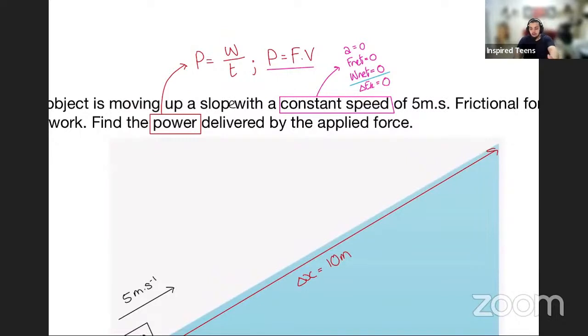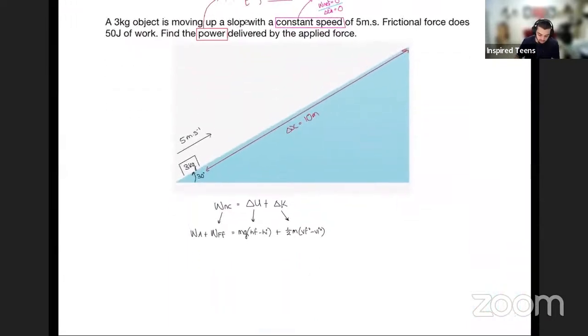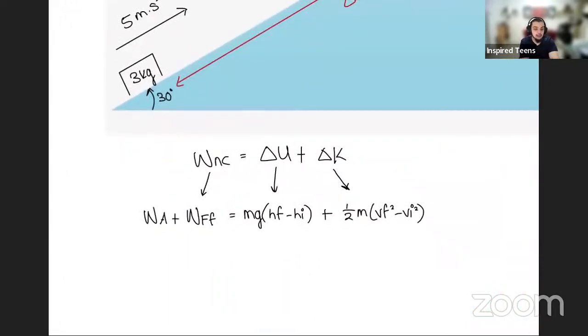Because we have velocity. Time is not given here, so we're going to use the second power formula. In order to use that formula, we need F applied. This F is a force, so that's what we're going to calculate inside of this formula.